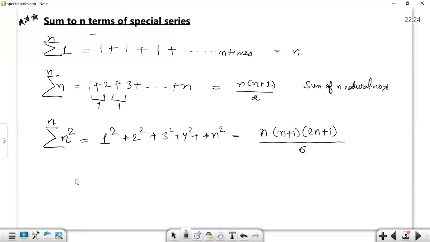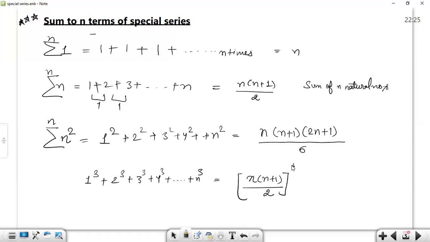And if we have to find the sum of cubes of the first n natural numbers, it will be given by n into n plus 1 divided by 2, whole square.